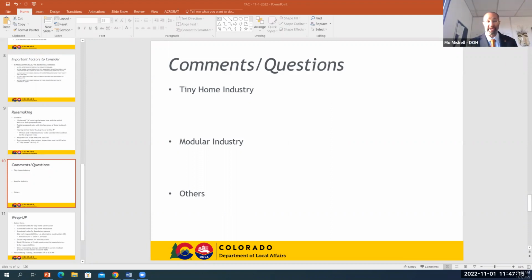And what we can do during that time, before the rulemaking hearing, or in fact, we can utilize the time after the rulemaking hearing, before we go live on July 1st, is actually having an opportunity to have conversations, not about things that we have control over through Division of Housing, but will impact tiny home owners, manufacturers, and sellers, right? For them to understand what the taxation implications are for buying and selling these structures, for installing them on land, et cetera, right?